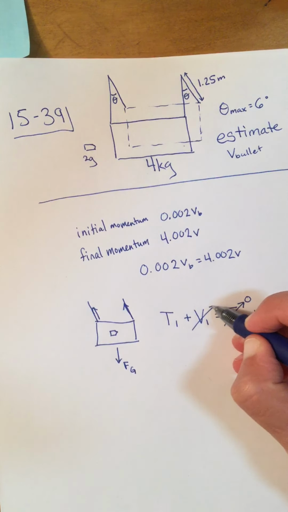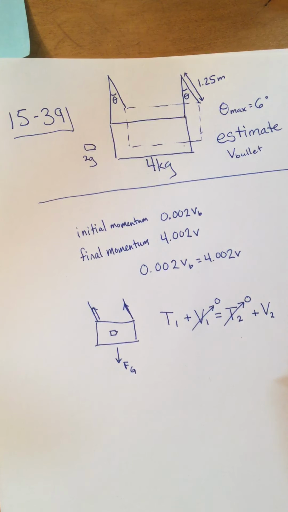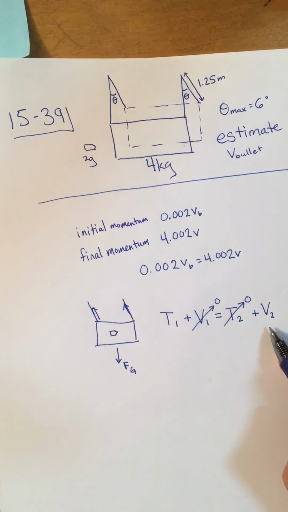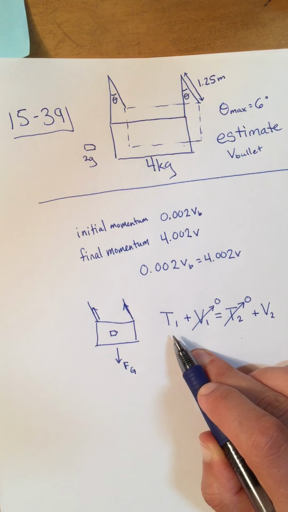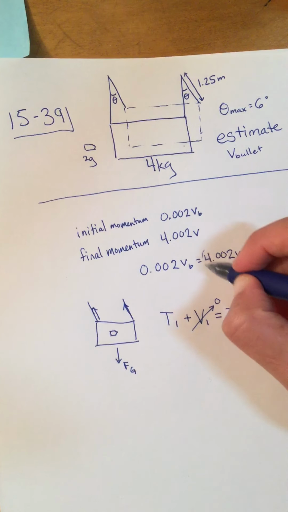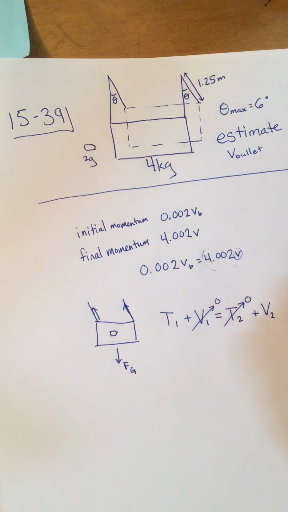But we're saying the initial gravitational potential energy is 0, so we have initial kinetic energy is equal to final gravitational potential energy. This kinetic energy that we're using is after the collision, so that would be the velocity that we have here.